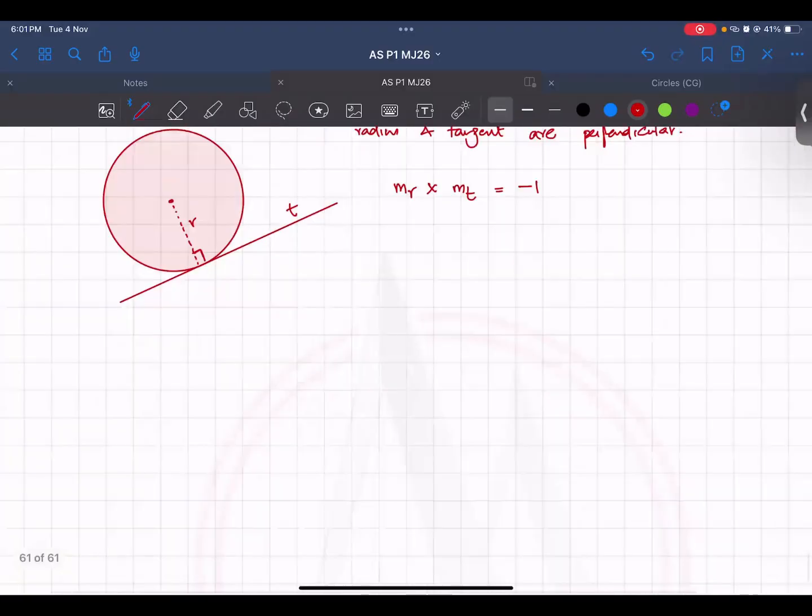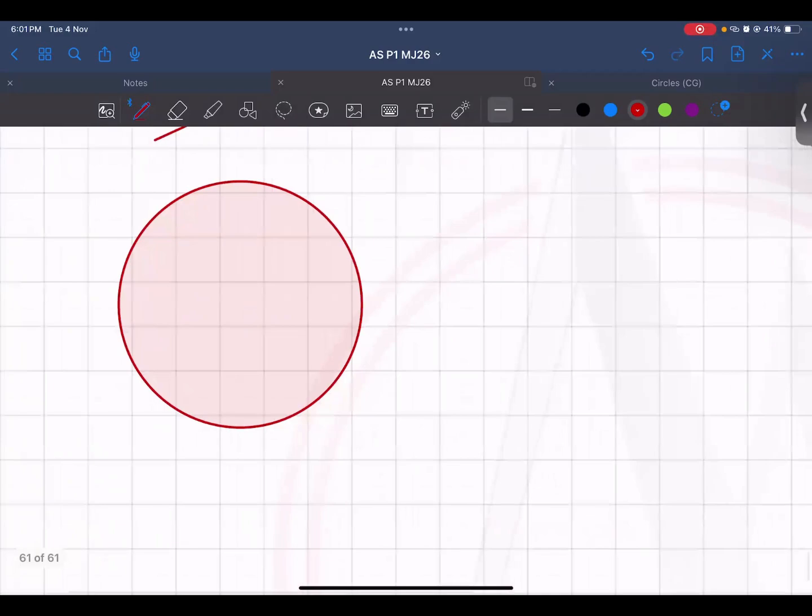Another one is, if this is the diameter, let's suppose this is point A, this is point B. Now any angle subtended from the diameter to the circumference would always be 90. Any angle.